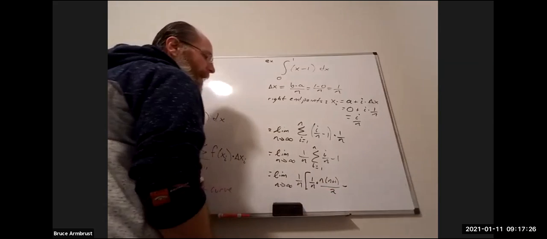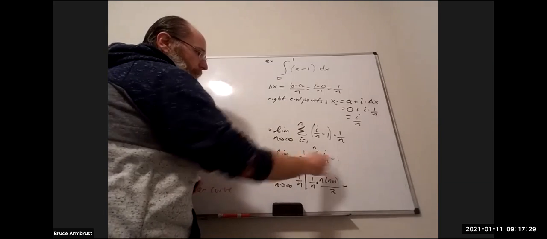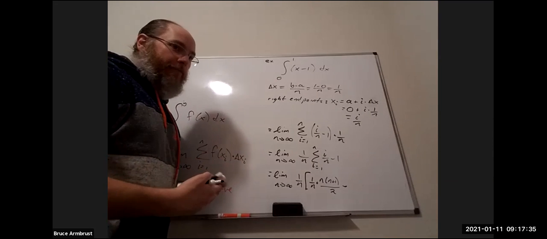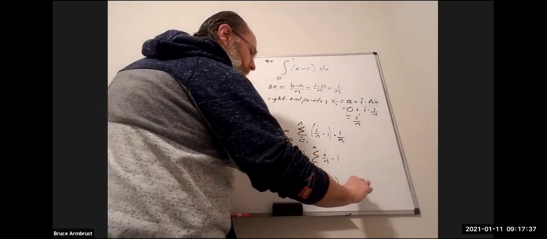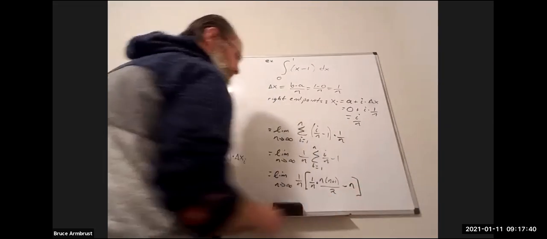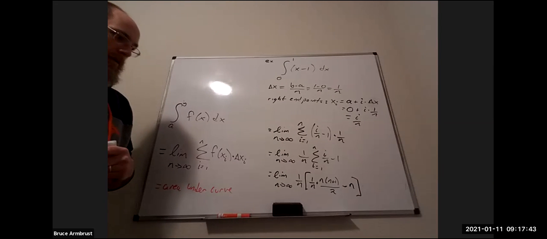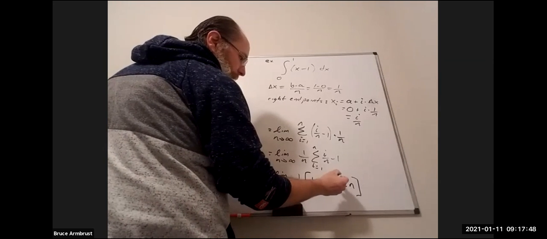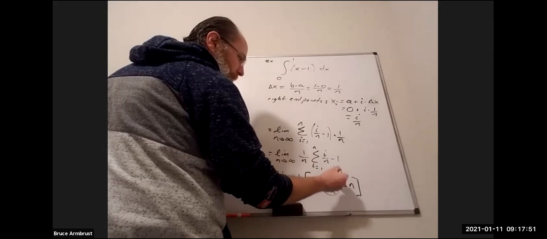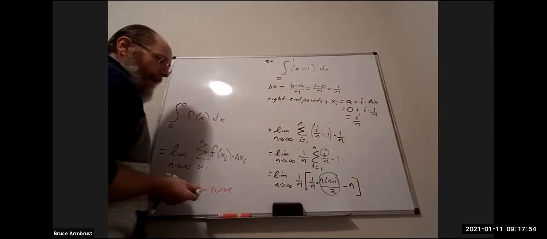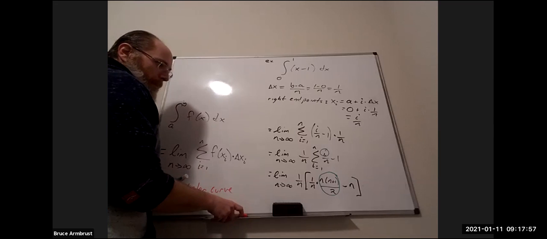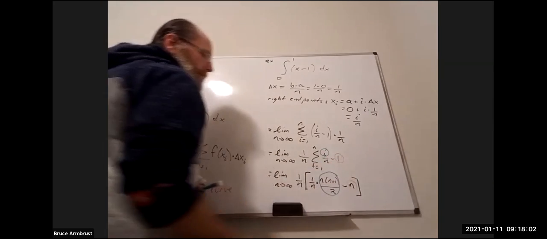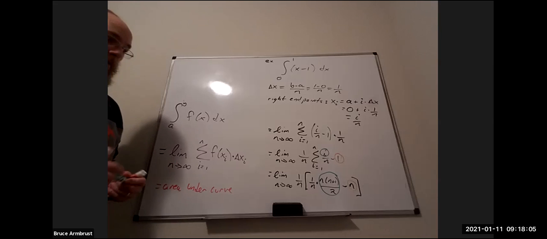And then I'm going to subtract the sum of 1. Well, 1 is a constant, and what we saw is we take that constant times n. This is just going to be minus n. So those two came from the sum formulas. The n times n plus 1 over 2 was from the sum of i, and the n over here was the sum of the 1's. Okay, so that's where those came from.